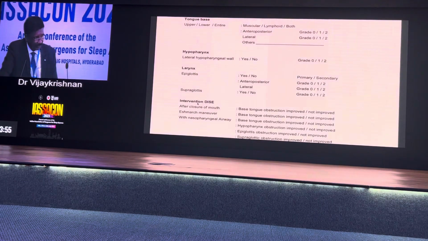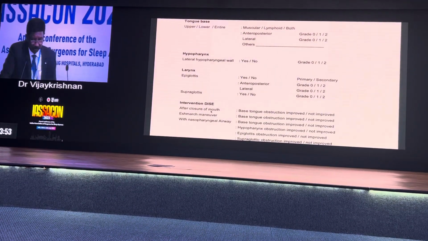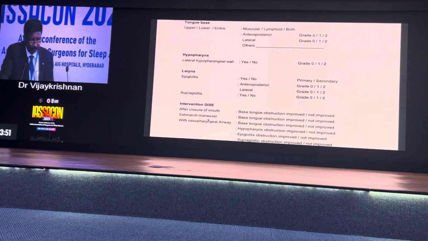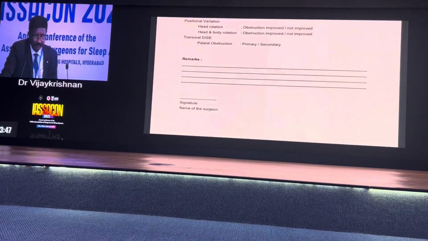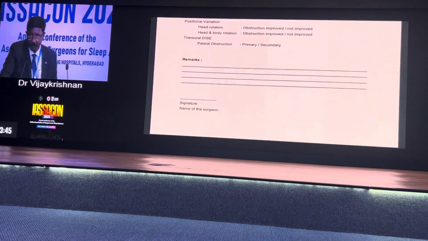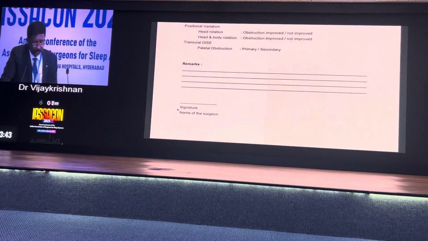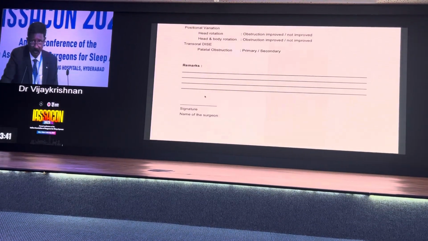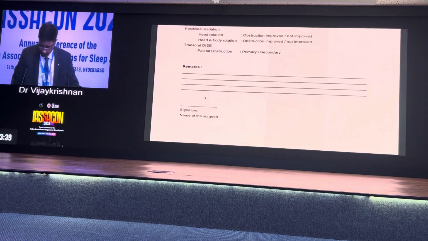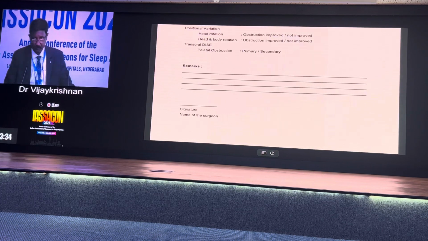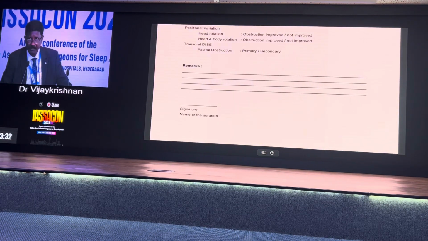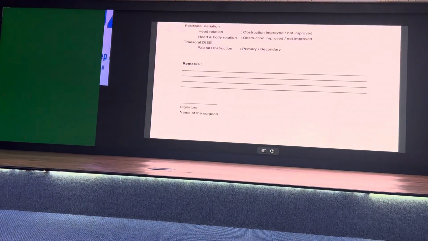Interventions in DISE have been discussed: after closure of the mouth along with Esmarch maneuvers, or with a nasopharyngeal airway, or with changes in position, whether head rotation or head and body rotation. Then the VOTE-coded DISE with lateral obstruction. It's all put together to bring out the report for that particular patient.